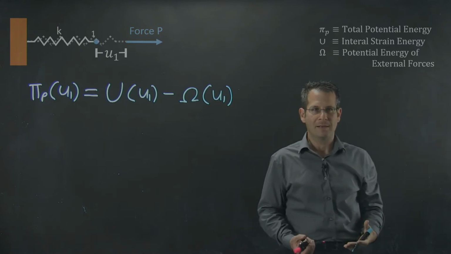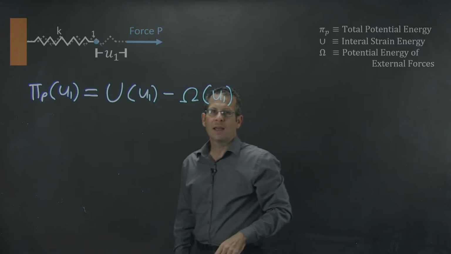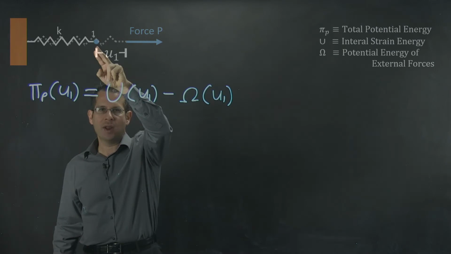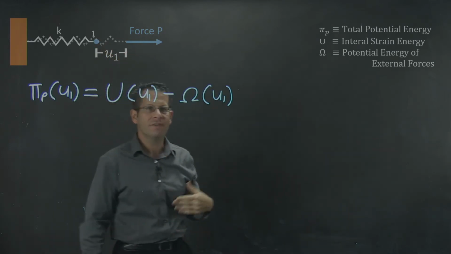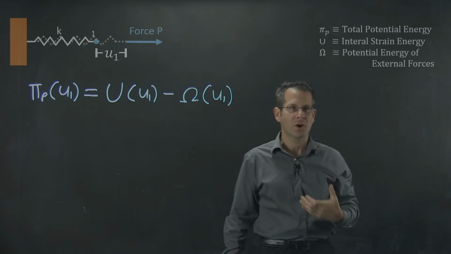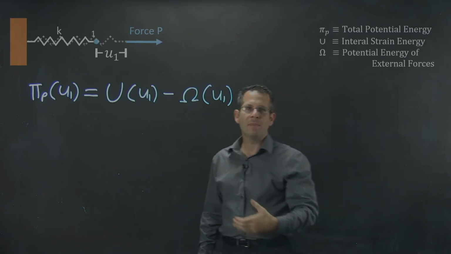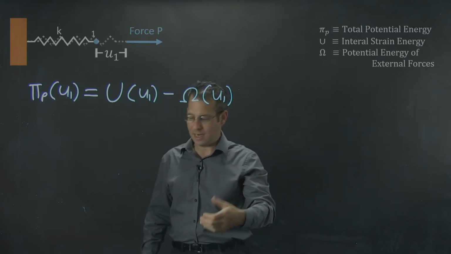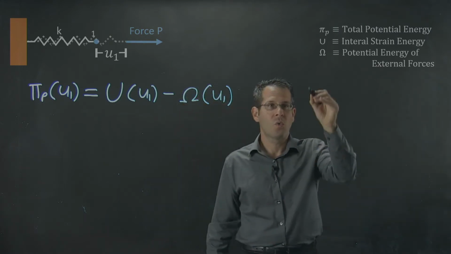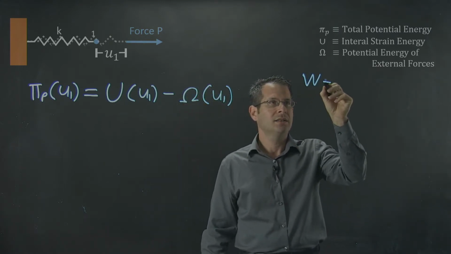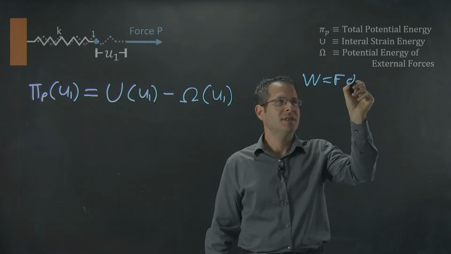What is that? Well, in this case, I have a single node that moves from this location to this location due to the fact that it's being acted on by a force. Well, that means that work has been done on it, because as you recall, work is force times distance.